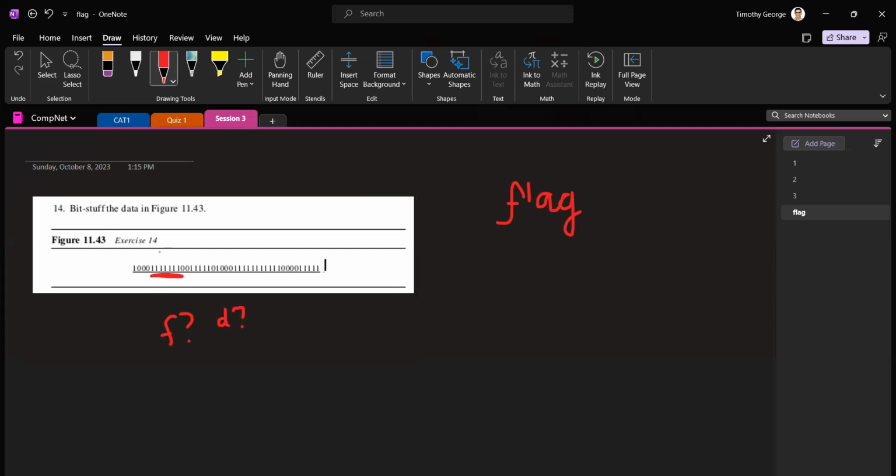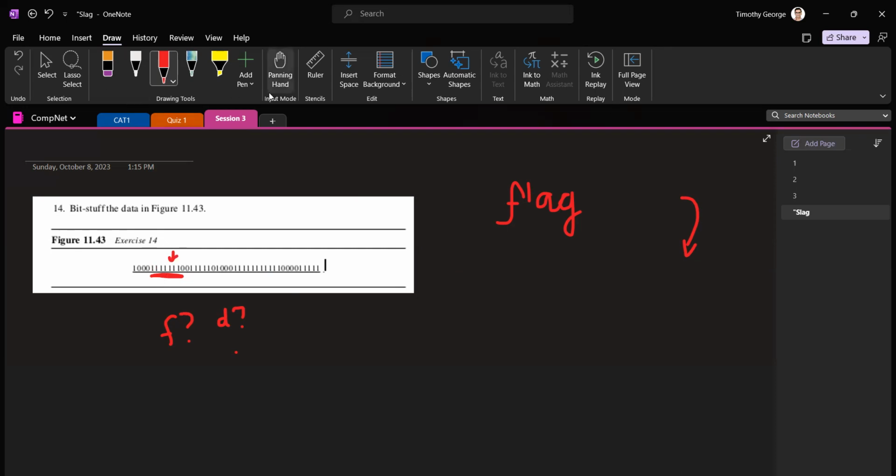We don't know whether the data has those 5 1s, or whether the user is depicting a flag. So what they did was, byte stuffing inserts a byte into the string. For example, you have 1 2 3 4 5, and then it would insert a character here to show that this is not a flag, this is actually data.